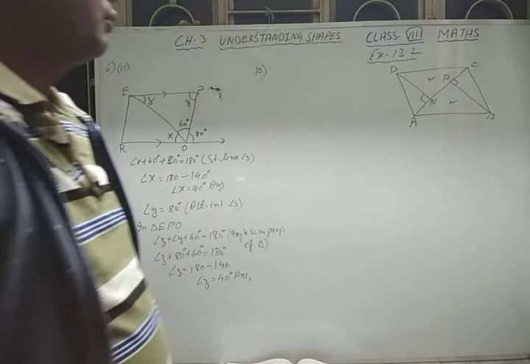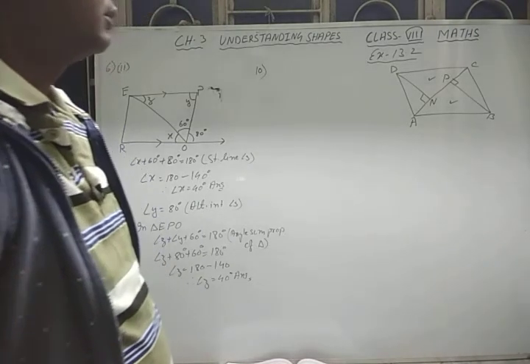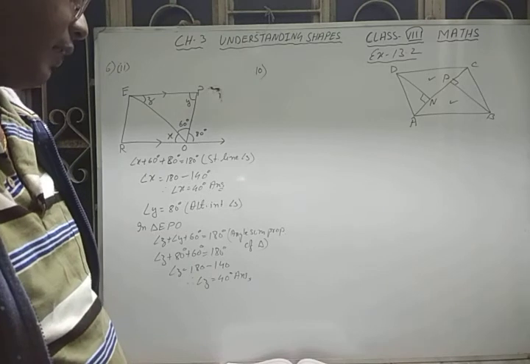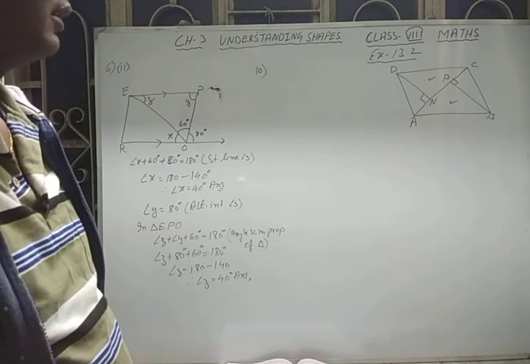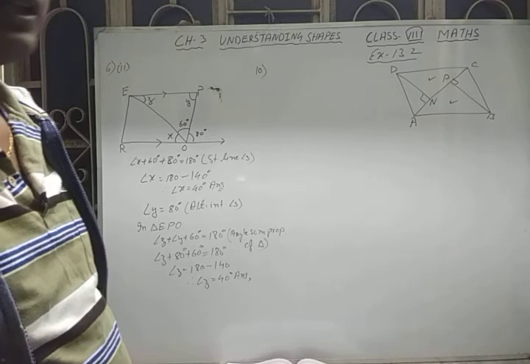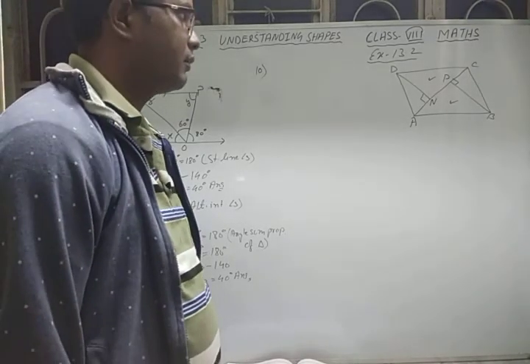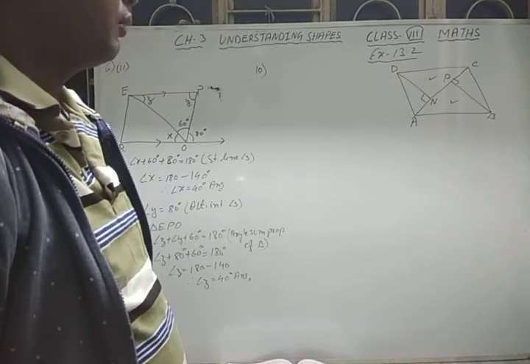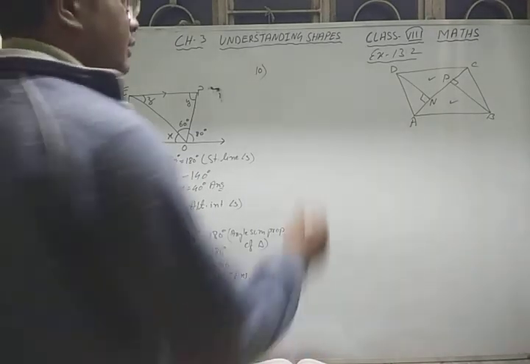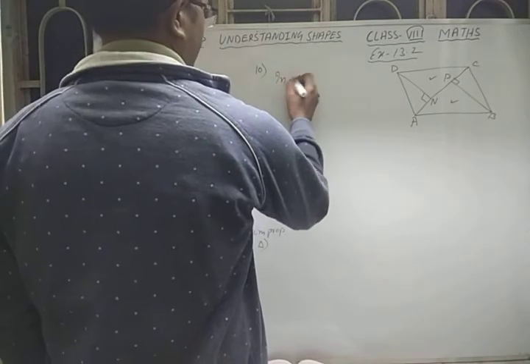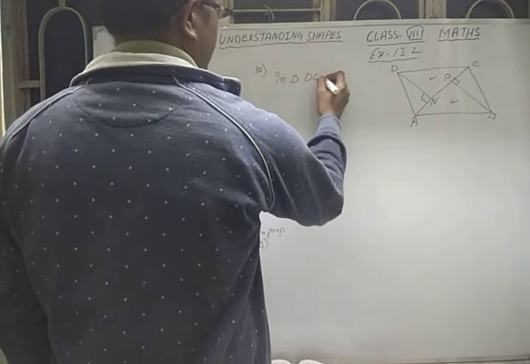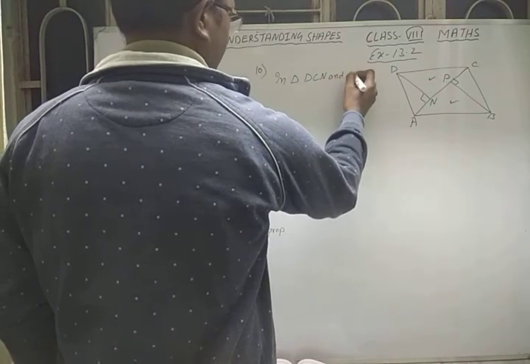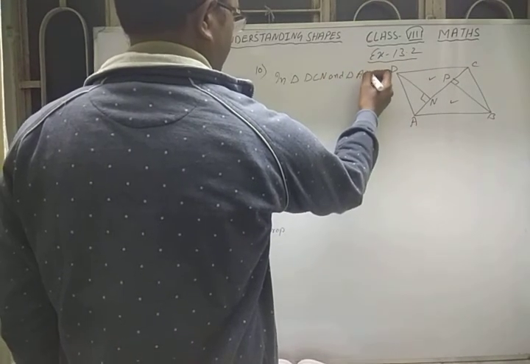Now how will you prove? We have to know how to prove these triangles are congruent. Whenever you do congruency, you should consider the triangles that you need to prove congruent. So here we write in triangle DCN and triangle ABP.